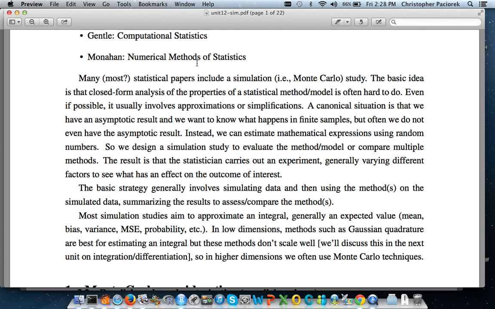But in this case I don't need to do that, because this is a normal distribution and this is a very simple linear function of the data. I can figure out in closed form that the expected value of theta hat, of this h of x, is just theta, so this thing is unbiased. Over repeated experiments, the average value of this thing is the true value of the parameter.